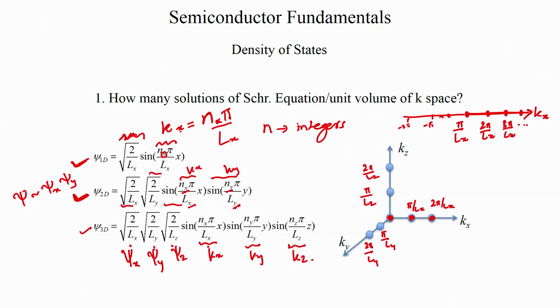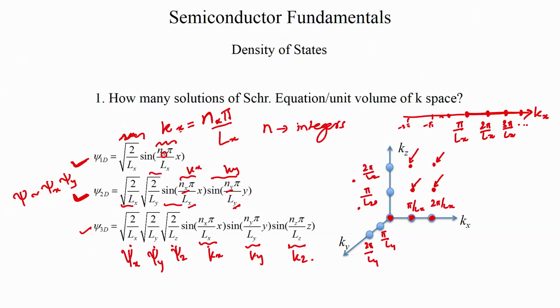So, you have this 3-dimensional grid of points. I have not completed this grid, but you can imagine this 3-dimensional grid of points, and each point is a solution to Schrodinger's equation. So, the electrons can only take these values, the electrons can only exist in these states.